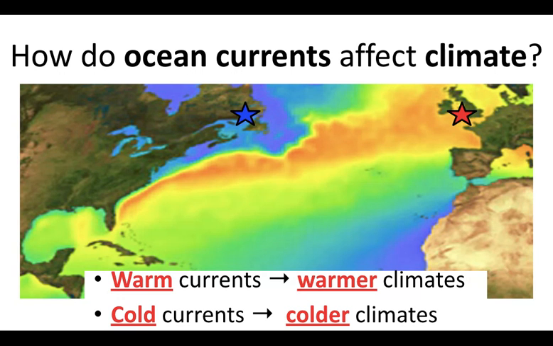Warm currents will bring warmer climates. In Newfoundland and Canada, where the blue star is, we have colder currents. These colder currents are going to bring colder climates.